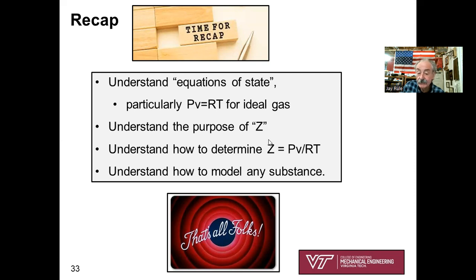Okay. And understand how to determine and work with Z is PV over RT. And then finally, with all of that coupled with some work experience, understand how to model any substance so you can get those thermodynamic properties. Okay, I hope that has helped you get a better working understanding of what Z is all about.